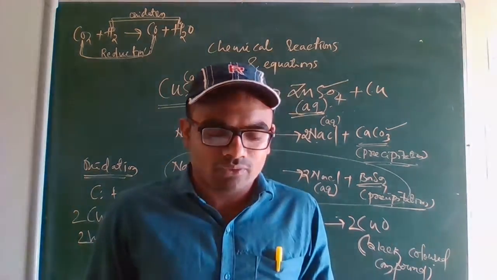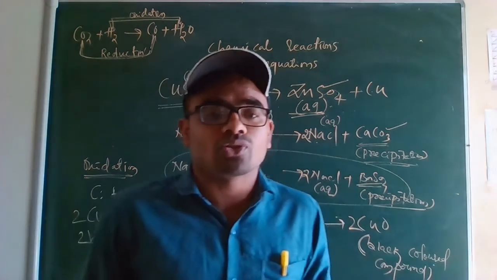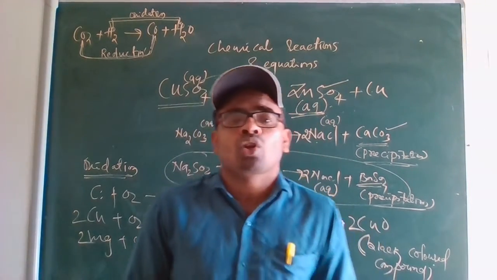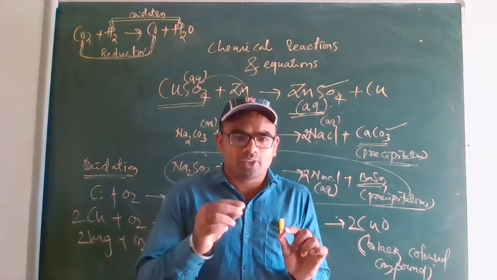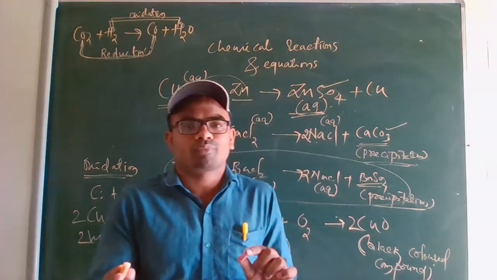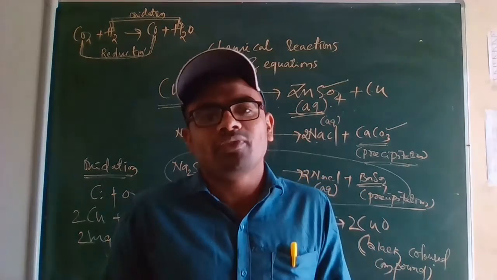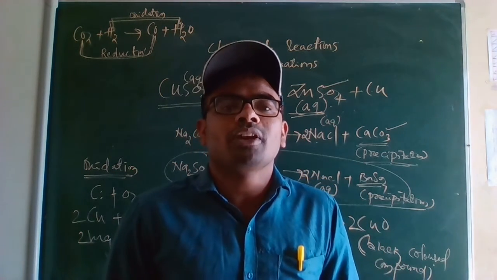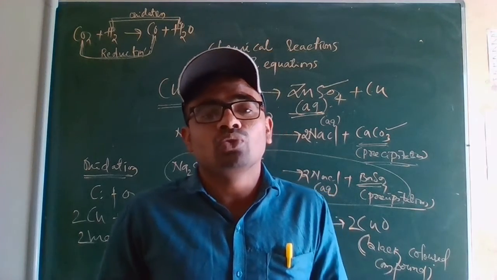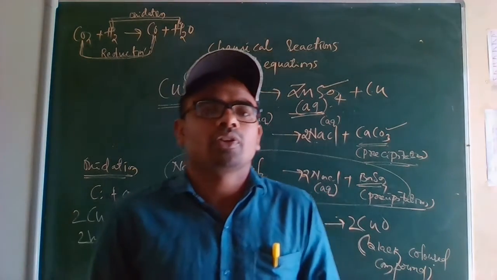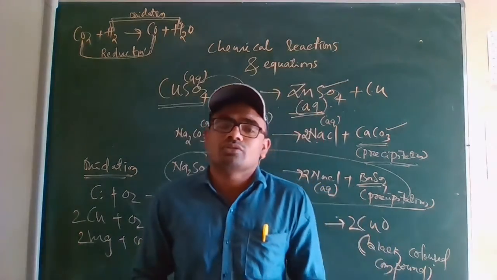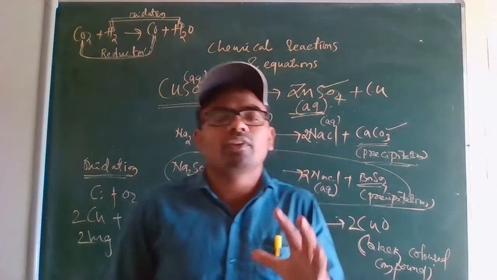Oil and fat containing food items are flushed with nitrogen. Why? See, same thing here. Oil and fat content material, if they react with oxygen, will become oxidized. Due to that, food will be wasted. Food will lose its qualities. So that is why they are filled with nitrogen.